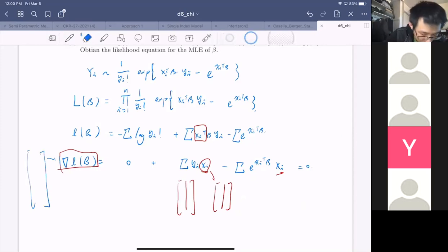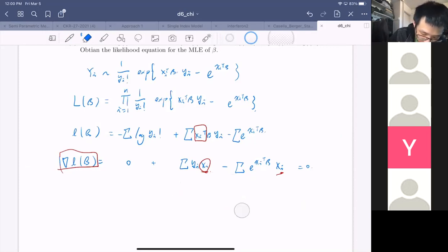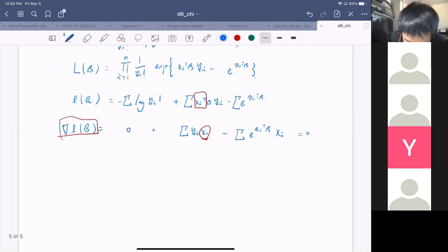Okay, I see. Thank you. Yeah, the notation for the matrix derivatives is sometimes confusing.